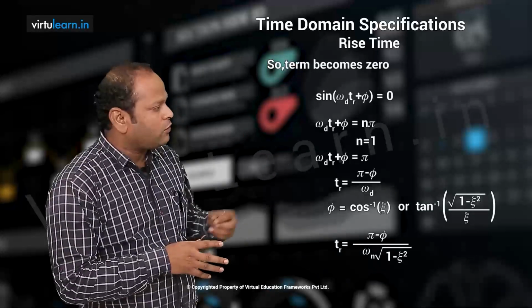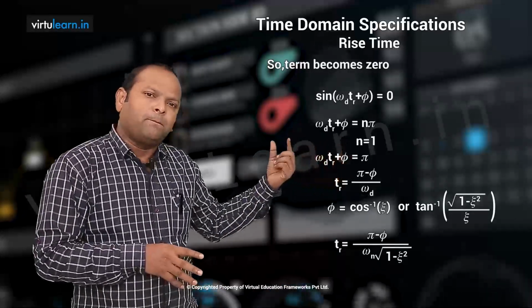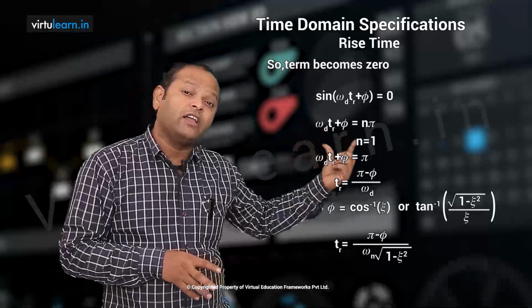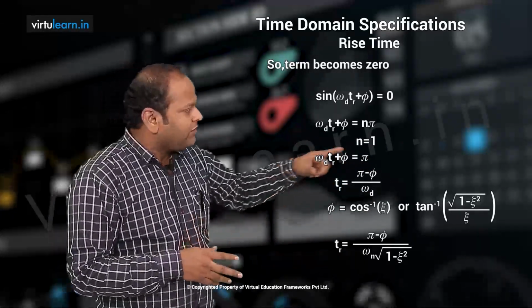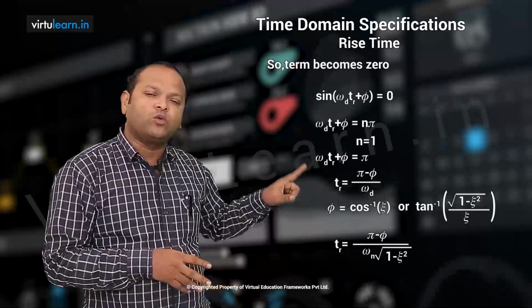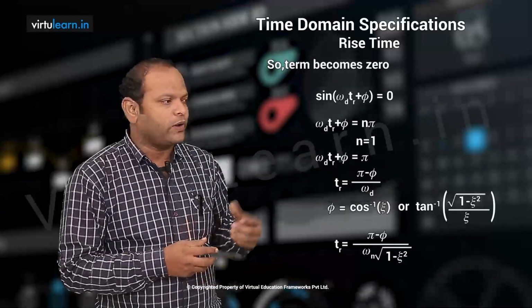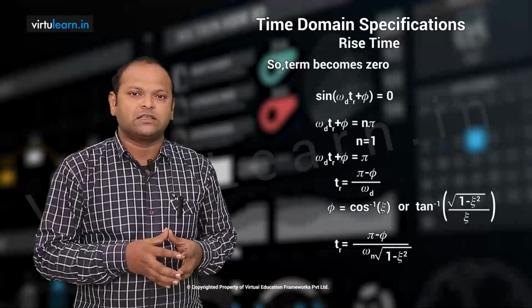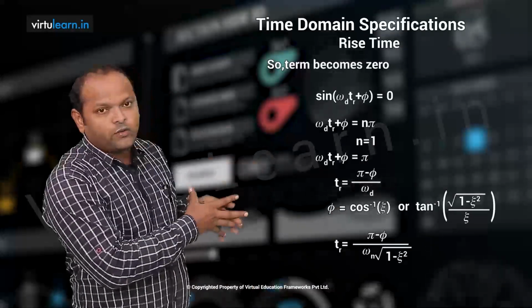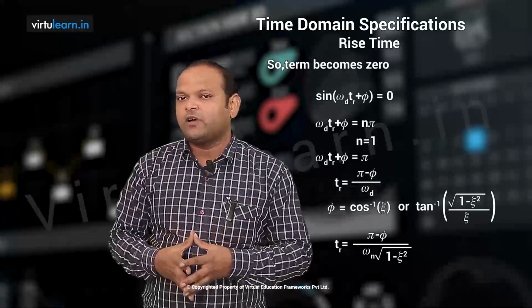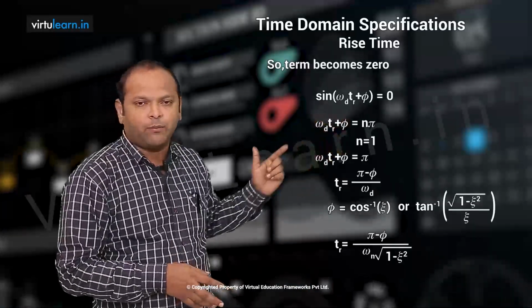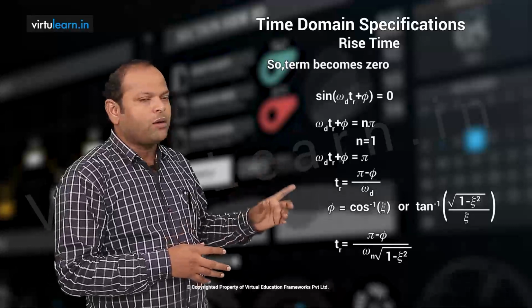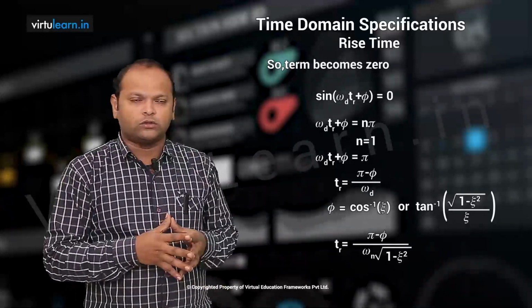You can use any formula to find phi. But phi should be in radians to match the units. Omega d is omega n into under root 1 minus zeta square, and the unit is seconds. Finally, the expression for rise time is tr equal to pi minus phi divided by omega n into under root 1 minus zeta square.